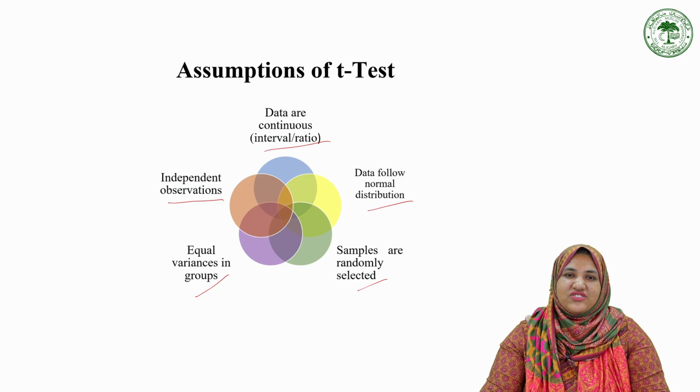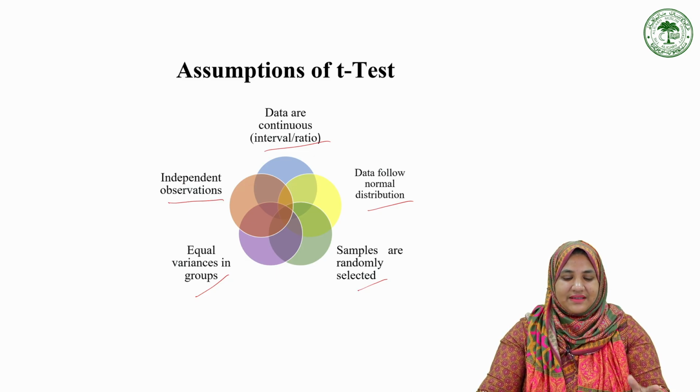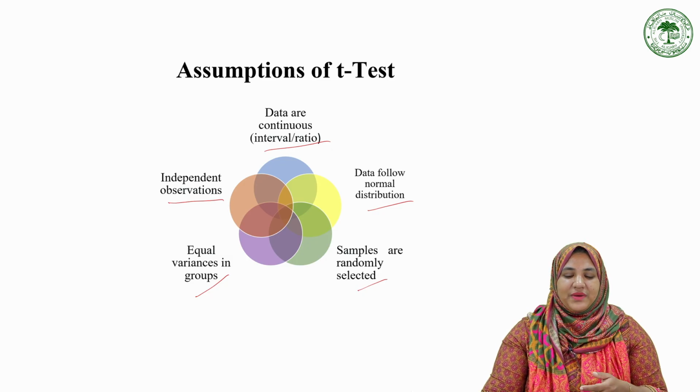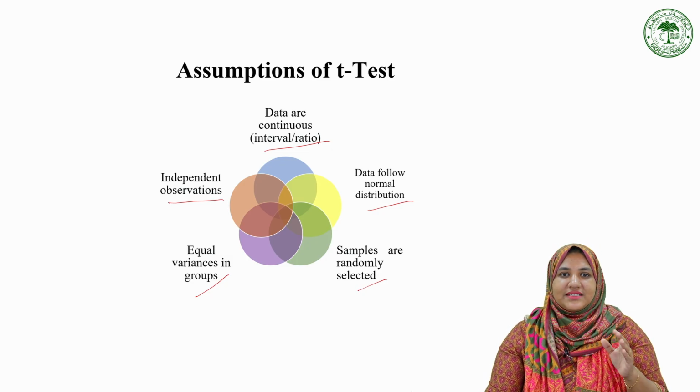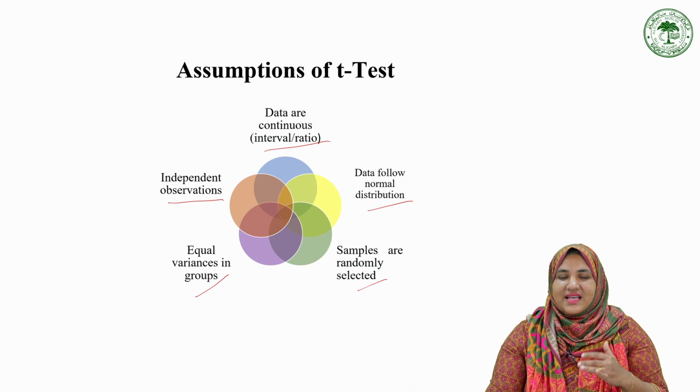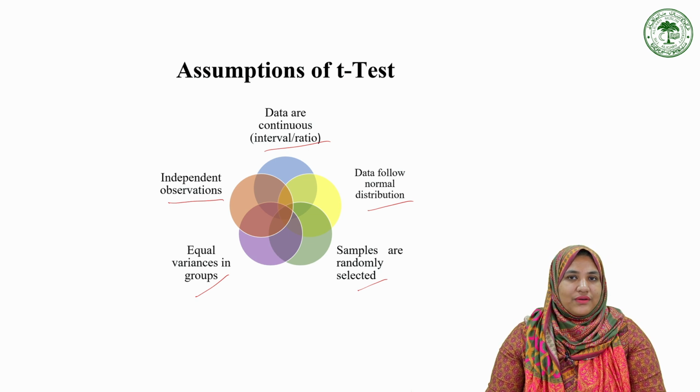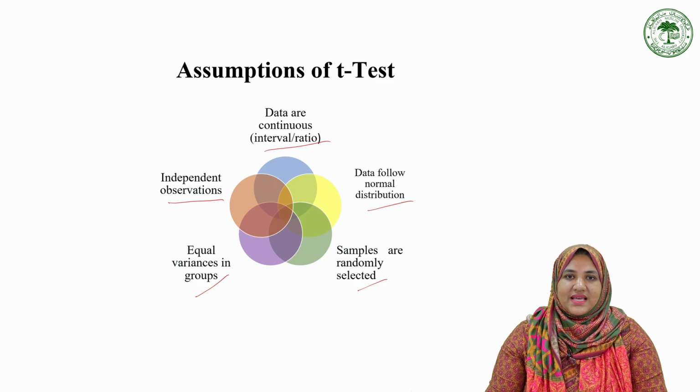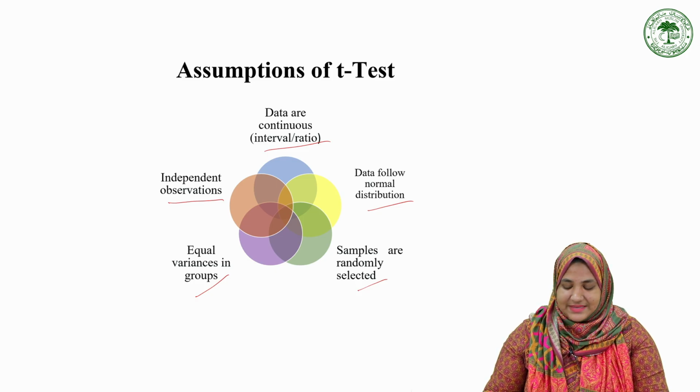So these are the general assumptions specific to the t-test. I repeat: independent observations, continuous data, normal distribution, random selection of samples, and equal variances in the groups. These are the basic assumptions of the t-test.